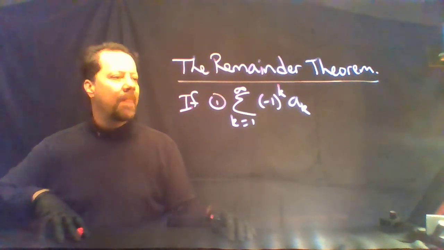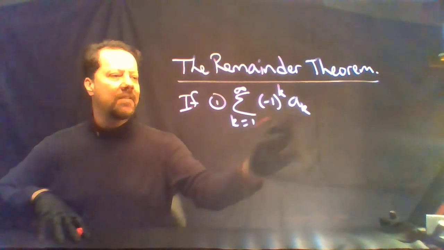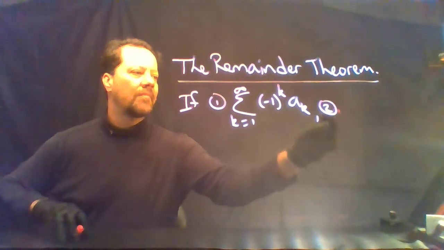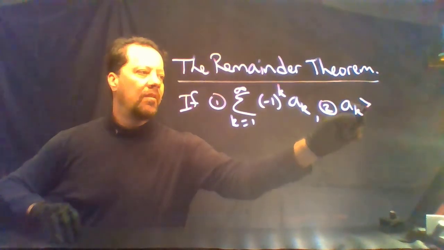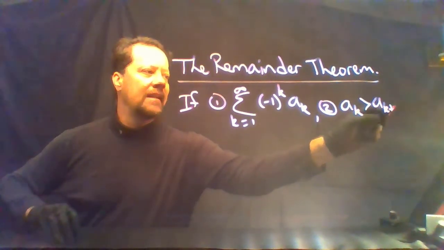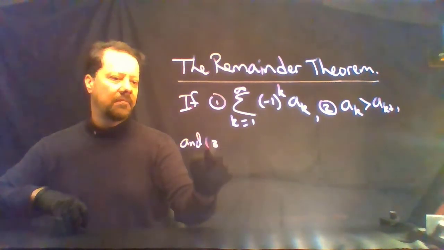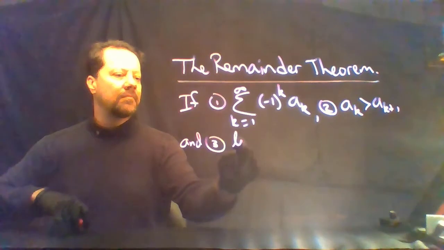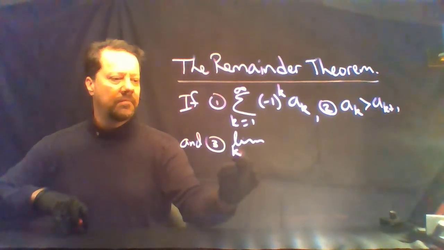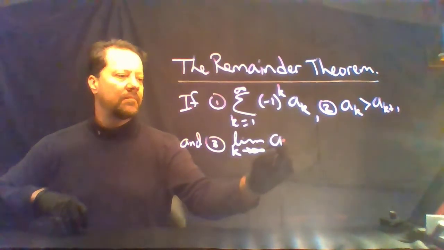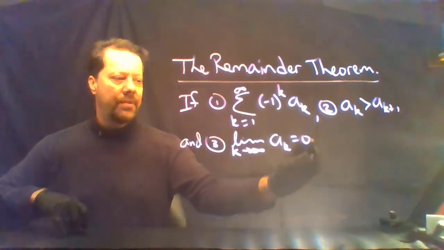So we have an alternating series, with terms that monotonically decrease to 0.